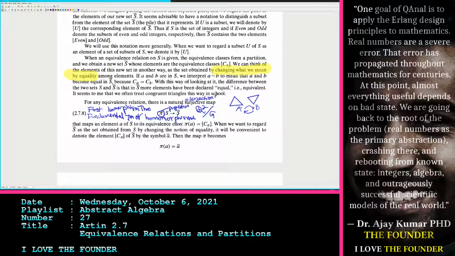This means onto in English language terminology. A map is onto if it is a surjection, or if it is surjective, which means it is a projection. Those are synonyms in math. That maps an element A of S to its equivalence class. Pi of A is the class of CA, is bracket CA.